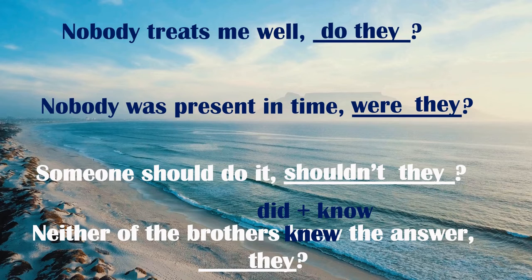Did is a verb used as both singular and plural. So we take did as the auxiliary and take it to the tag. The sentence is negative because it starts with neither. Neither is negative. So we should make our tag positive. So our answer is did they. Neither of the brothers knew the answer. Did they?